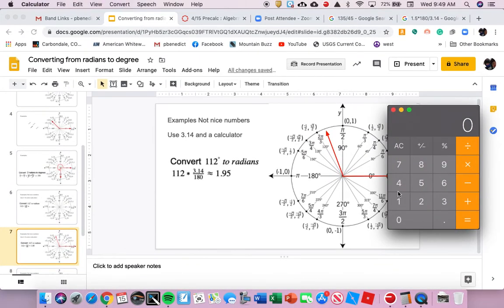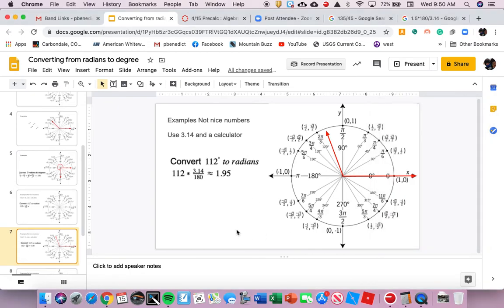If I take 112 and multiply it by 3.14, and then divide that number by 180, then I'm going to get 1.95 radians. We're always going to round to 2 decimal places. Okay, so 1.95 radians, which is somewhere around there.